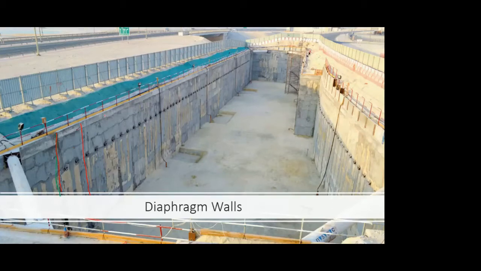Once you do this, you go on to the next panel, then the next panel. So in this way, this whole diaphragm wall is constructed panel by panel. And once you get all these sides enclosed, then you can proceed with whatever is the construction you want to do.